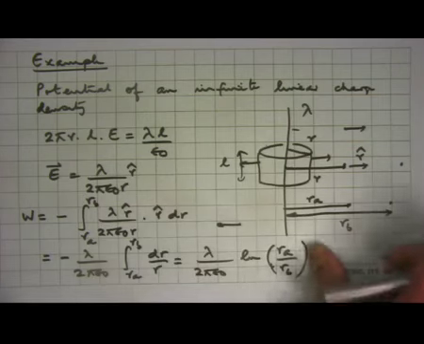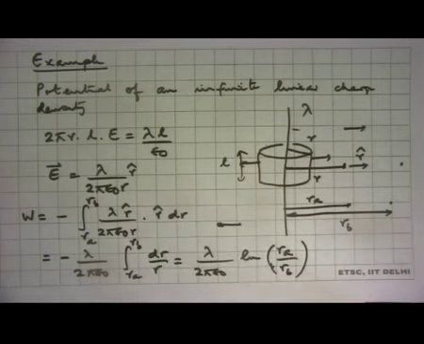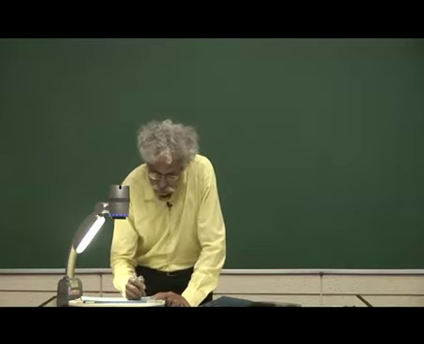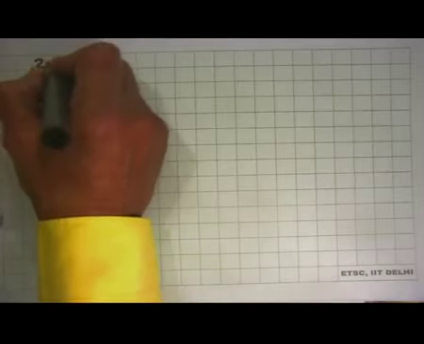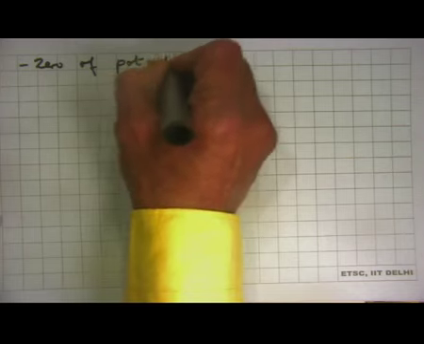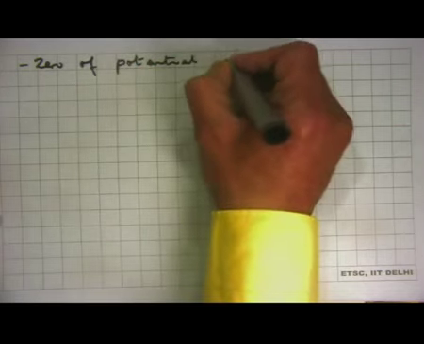So, in these cases what we do is we change the reference point, and we say that instead of using the reference point to be infinity, we will use the 0 potential at some r value.